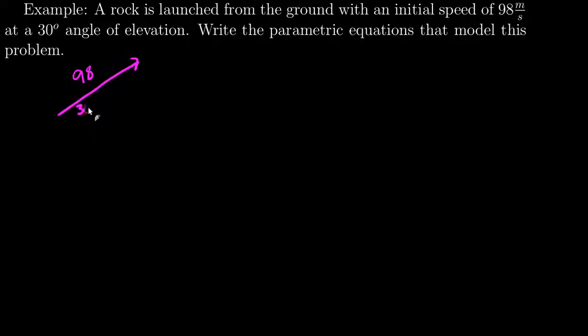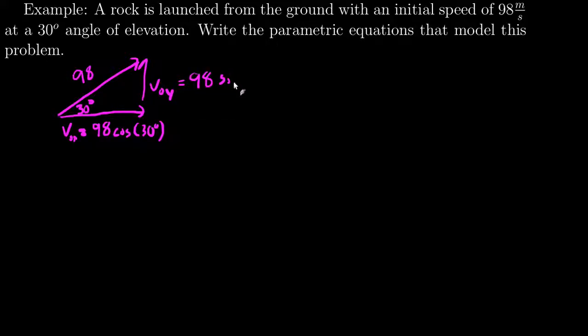This angle here is 30 degrees, which means V naught x is going to be 98 cosine of 30 degrees, and V naught y is going to be 98 sine of 30 degrees.